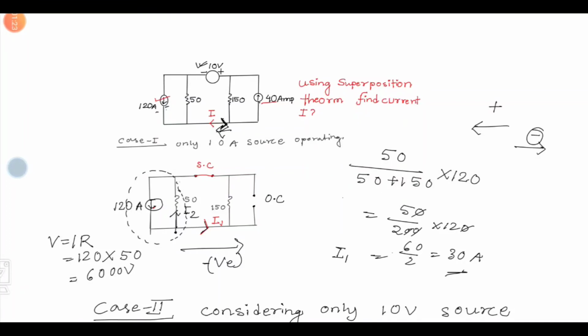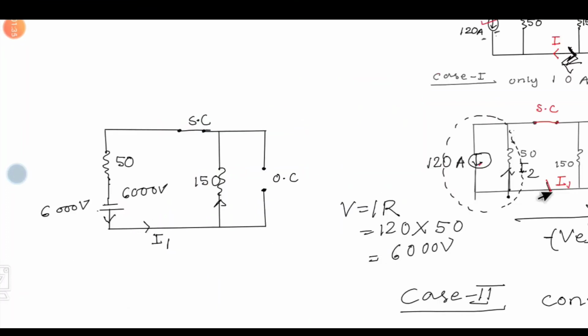So this is the source. After converting this parallel combination of current source and resistance, we get this voltage source and the resistance in series combination. So we have converted this current source into a voltage source, and after that the circuit looks like this. Here the direction is downward, so after conversion the direction would be the same. It will be plus and minus.